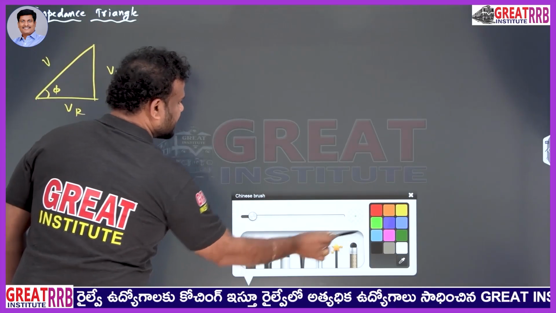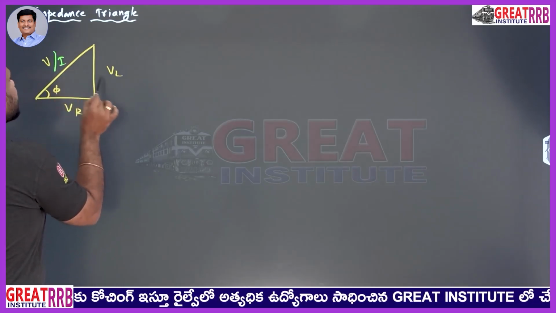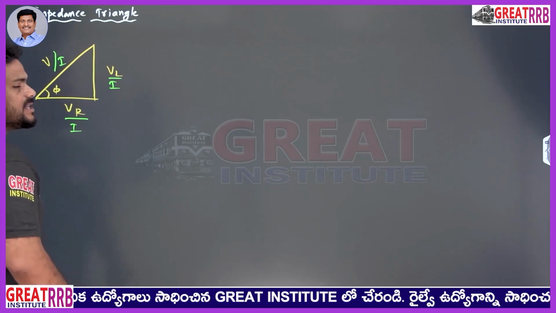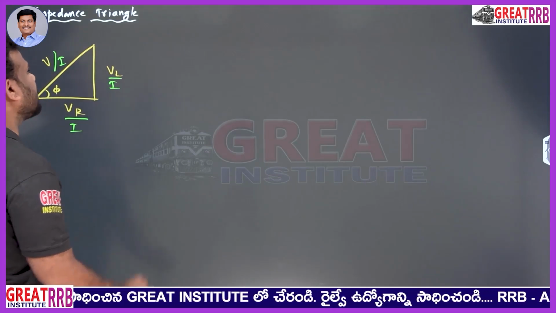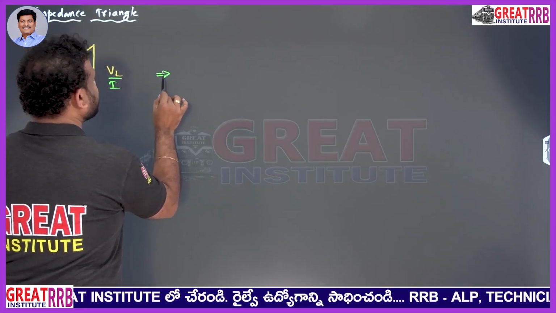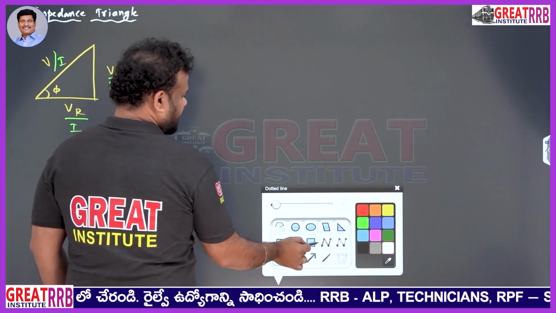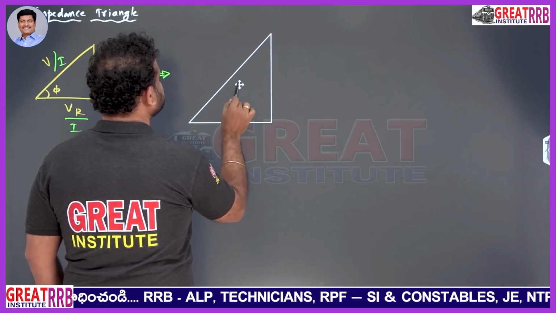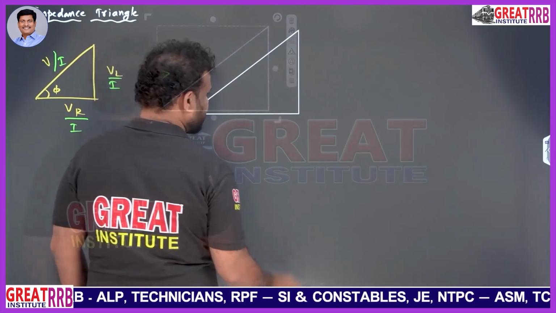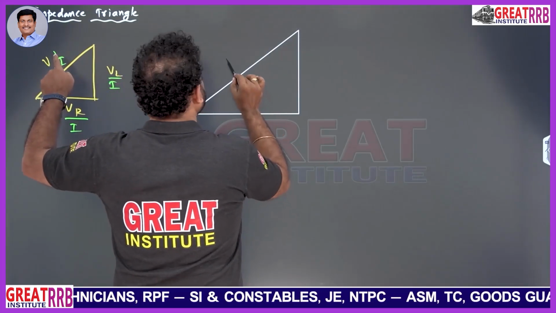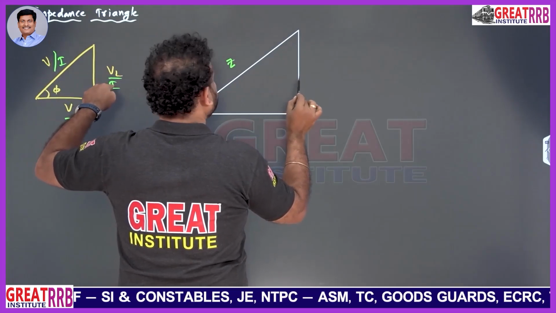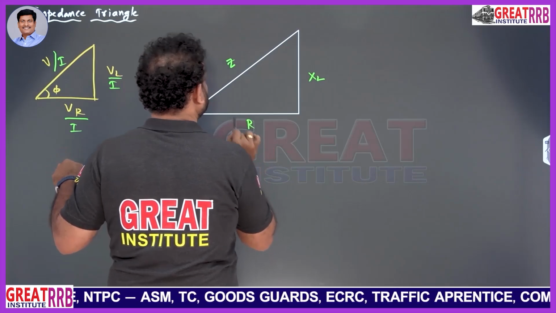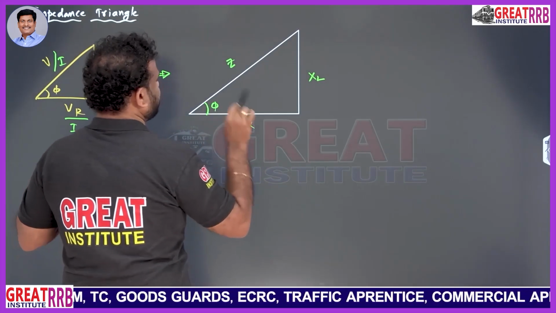Now what I do here is, let me divide this V by I, V by I, and V by I. Does it change the equation? No change in equation. Therefore, this particular diagram I could represent like this, where V by I is equal to Z, VL by I is equal to XL, VR by I is equal to R, and the phase angle remains phi.